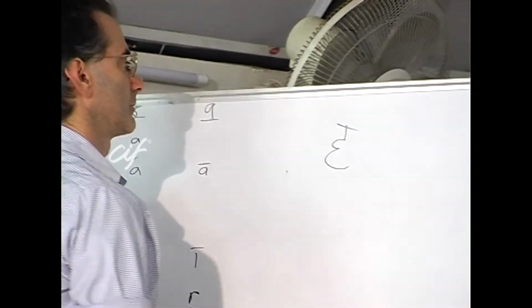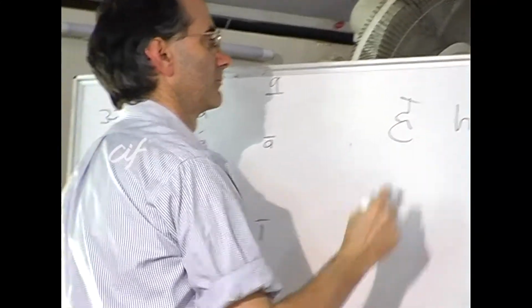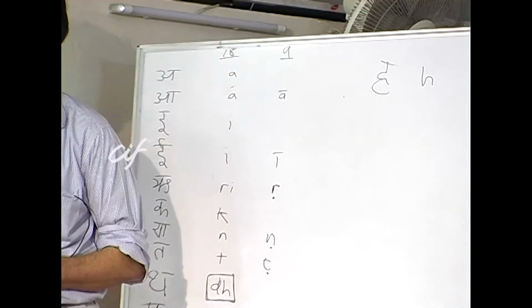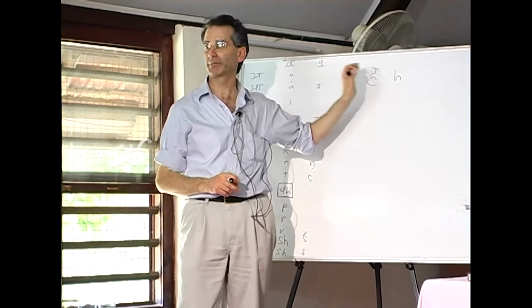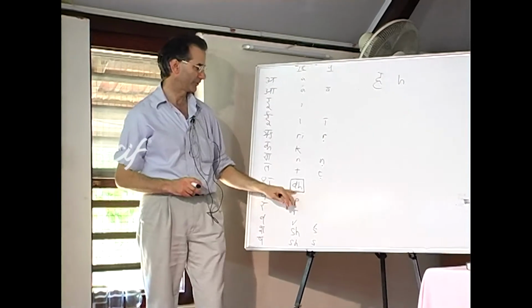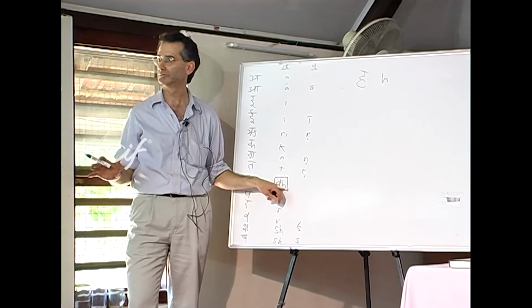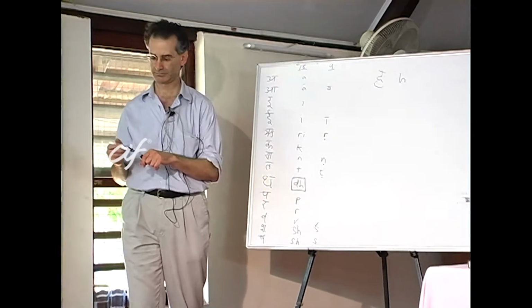There's the Devanagari ha, which is supposed to be represented in Romanization by H. Is this H representing the same phoneme that ha represents in the Sanskrit language? No, it's not.